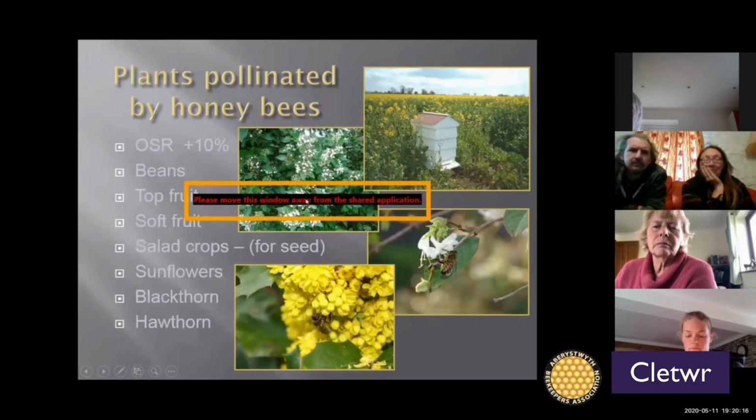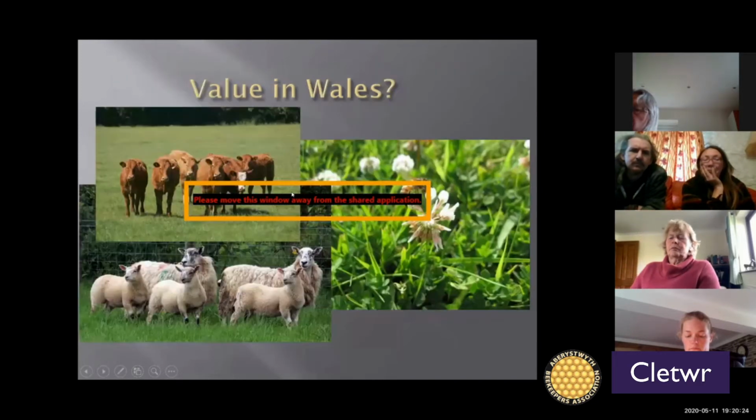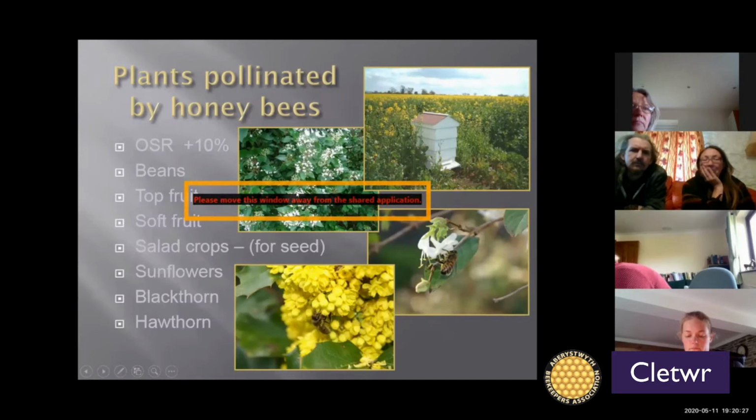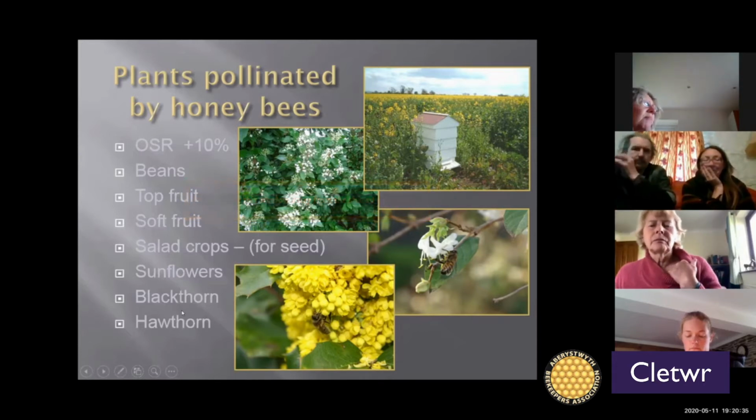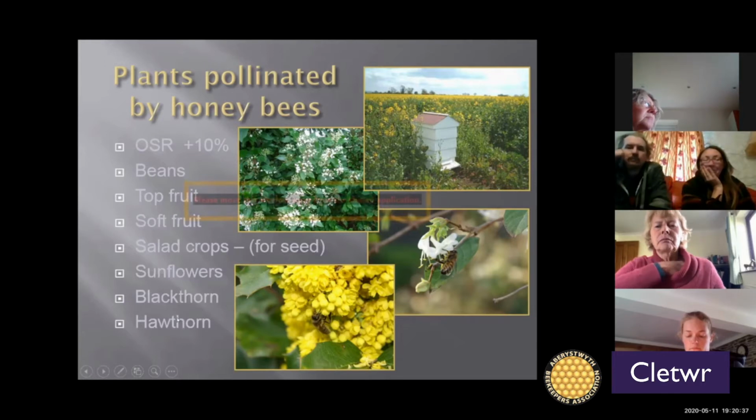Then sunflowers is also quite an important one in terms of that connectivity between honeybees and sunflowers. And then within the hedgerow environment, within the natural environment, it's the blackthorn and the hawthorn that are two that are very much associated with the honeybee as well. And we're lucky in West Wales that we live in an environment with a lot of hedgerows, so these two are ones that the bees are working a lot when they're in flower.